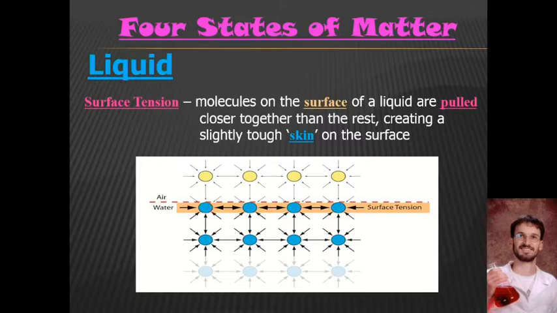Water molecules, because of their shape and the kind of bonds that they're made from, have a slightly positive side and a slightly negative side, and that causes them to be pulled towards each other, sort of like tiny little magnets. And that's what gives water a lot of its really unique properties that other liquids don't necessarily have.